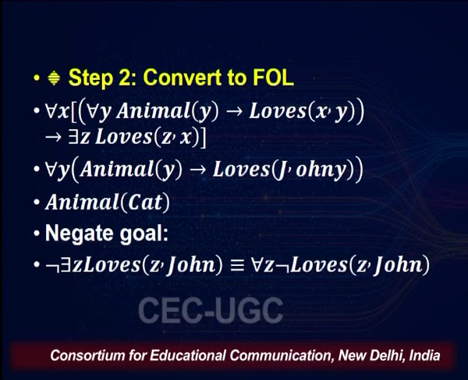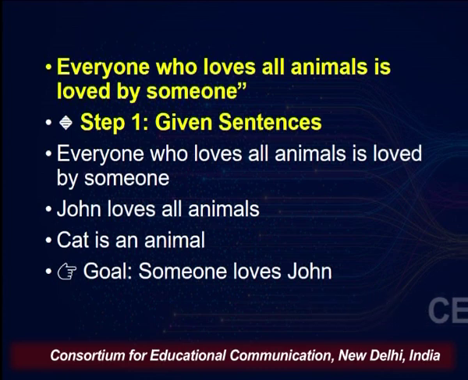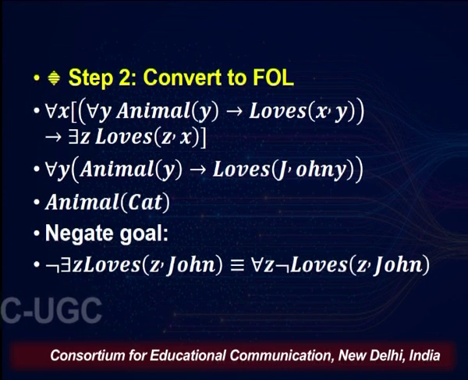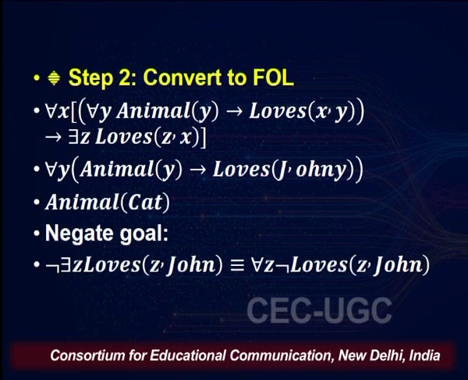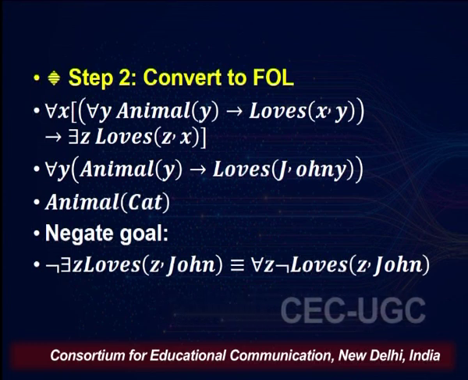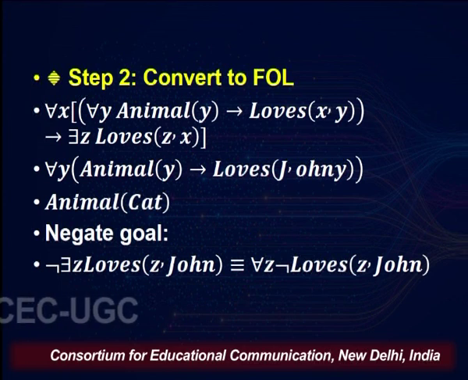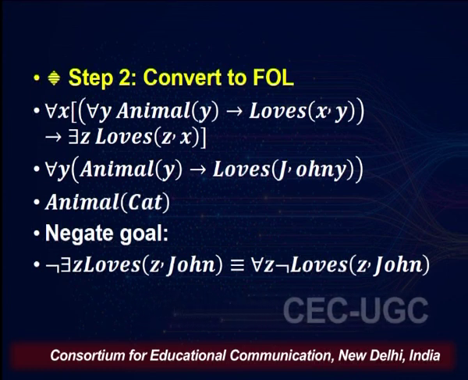So, clause number 1, which was everyone who loves all animals is loved by someone, will be converted into FOL as: for all x, for all y, animal y implies loves x comma y, and this whole statement implies there exists z which loves z comma x.